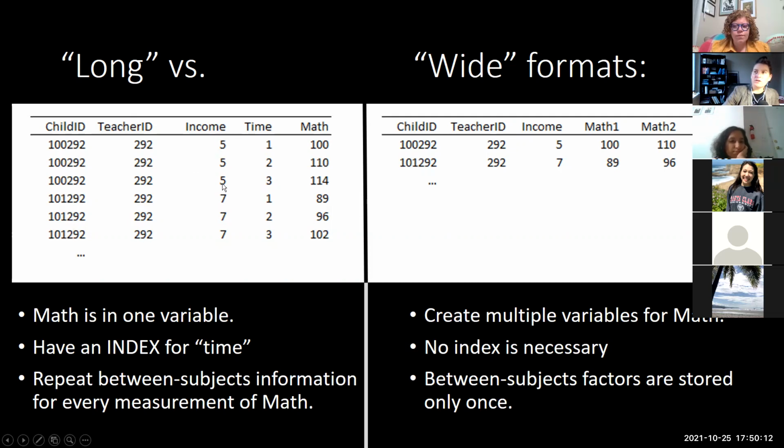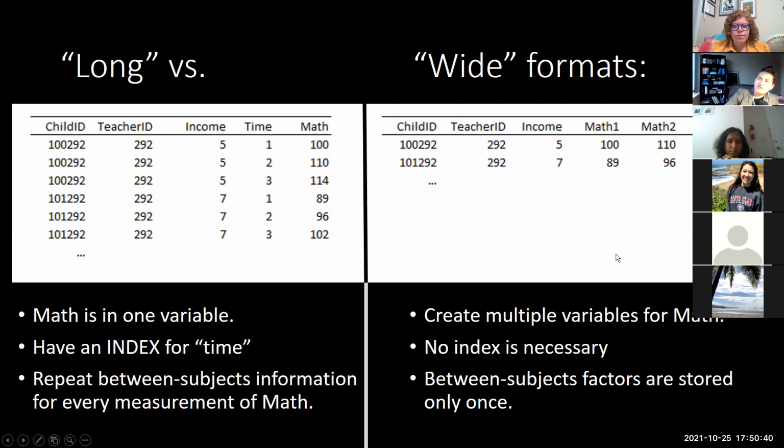The income variable changes with the child ID. But then I have this variable, an index, which represents time. And then I have math in one variable. So you're going to repeat any between subjects information every time you measure math. But math is just one variable.